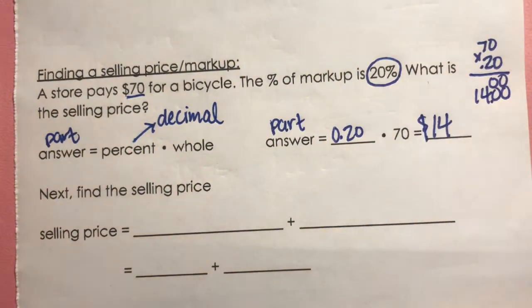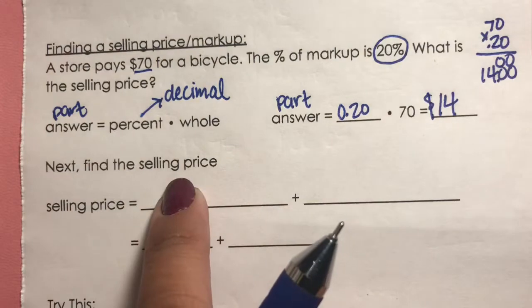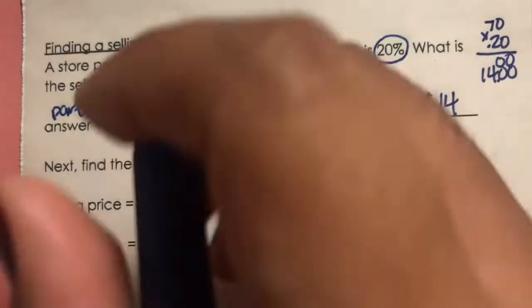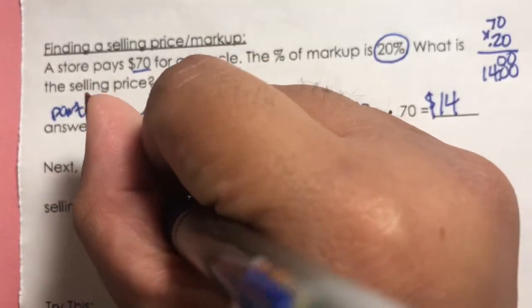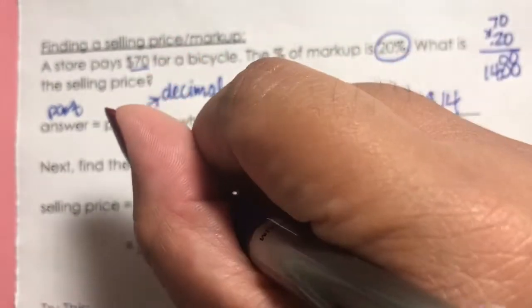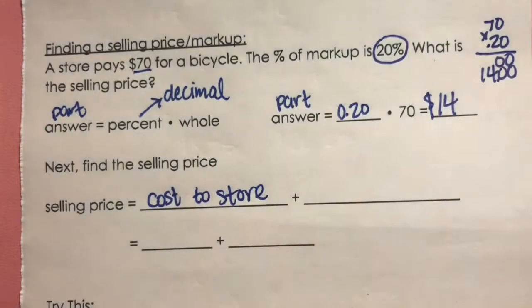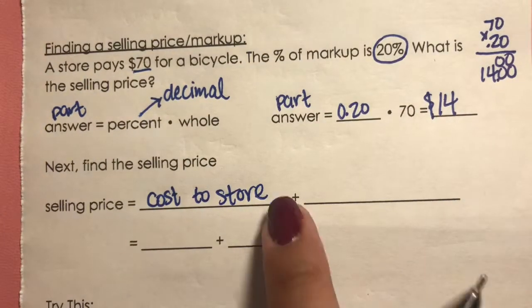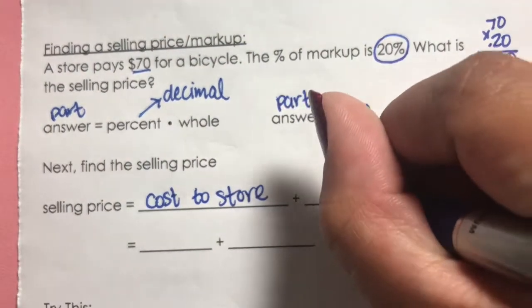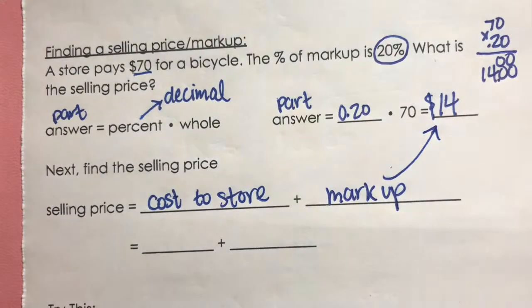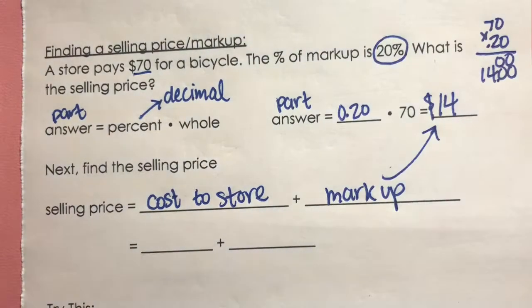The next part is to find the selling price. The selling price equals the cost to the store, how much the store paid for that item, plus the markup. The markup, as we figured out, is $14, because it's a 20% markup.